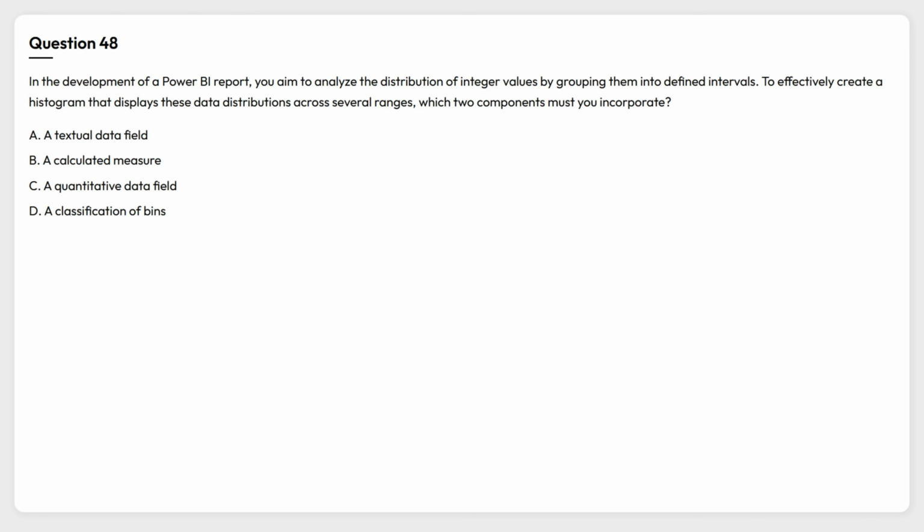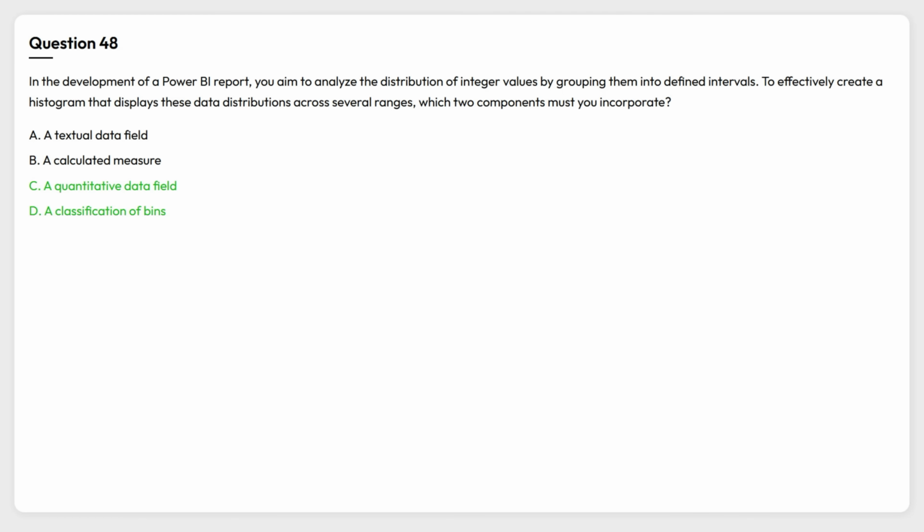Option A. A textual data field. Option B. A calculated measure. Option C. A quantitative data field. Option D. A classification of bins.